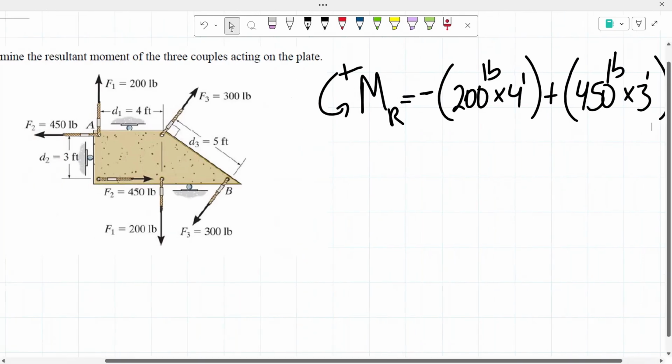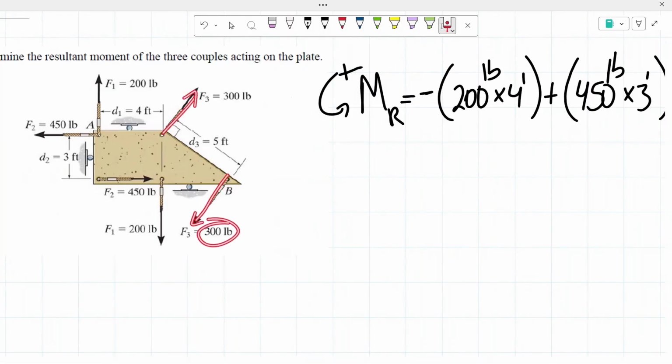So our force is 450 pounds, and our distance is equal to 3 feet. Now we're going to take a look at our last couple. Our last couple has a force of 300 pounds, as you can see right here, and our distance is 5 feet. We have our plate right here. So the only thing that we have to do is multiply the force times the distance.